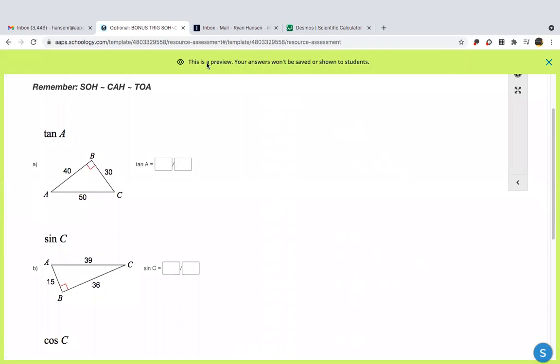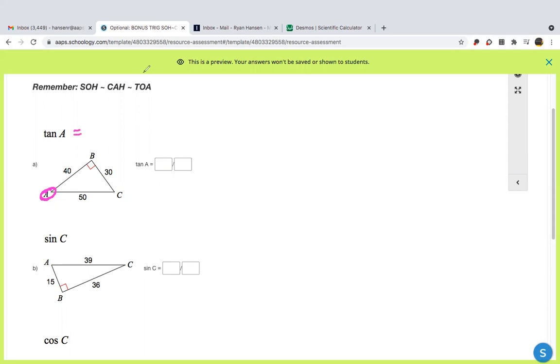I'm going to grab my pen and clearly grab angle A, which is this one here. And I'm going to think to myself, if it's the tangent from A as the reference angle, what does tangent mean? Remember SOHCAHTOA. The T stands for tangent.